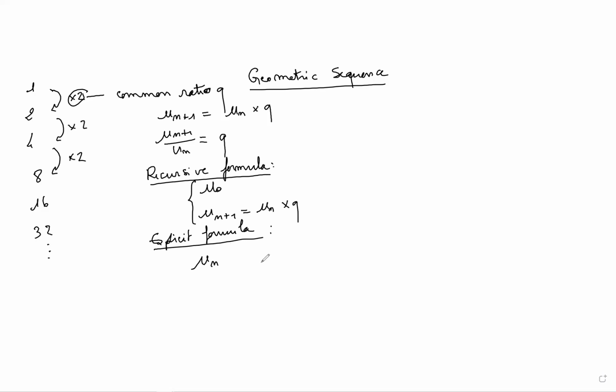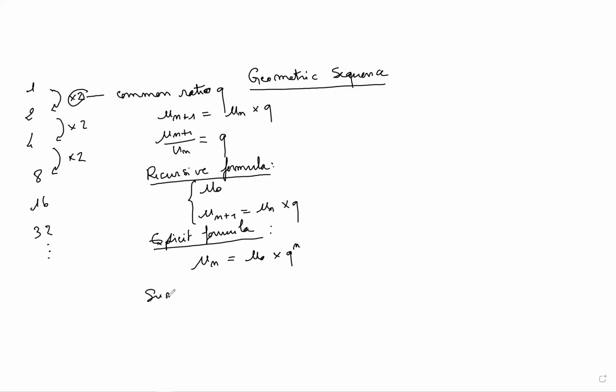So if you want UN, it means you started from U0 and you multiplied it by Q n times. So you have to multiply it by Q to the power n. And if it doesn't start from 0, you have to be careful with that number and think about how many times you multiplied your first term by Q to obtain this one.